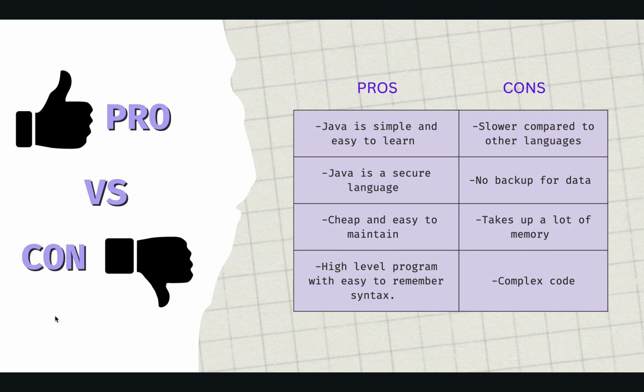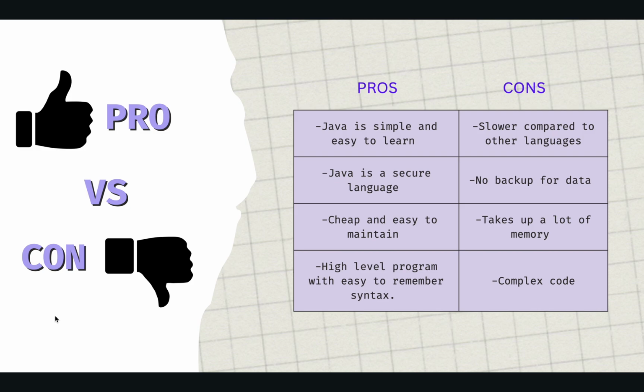Now let's talk about some of the cons of Java. One of the biggest issues is that it's a lot slower compared to other languages. It takes a lot longer to run programs, especially when it's longer. The other problem is that there's no backup for data, which becomes an issue for companies trying to store information and stuff.